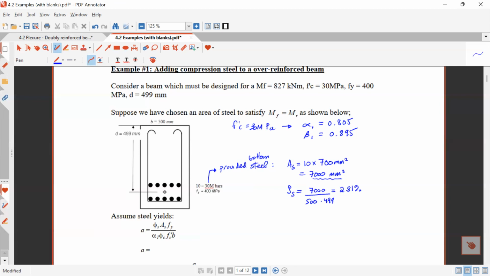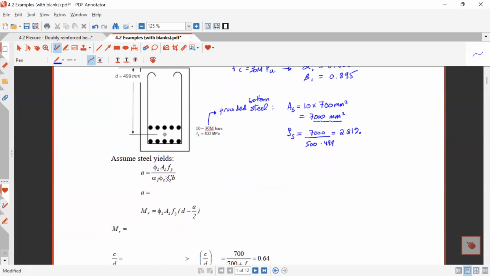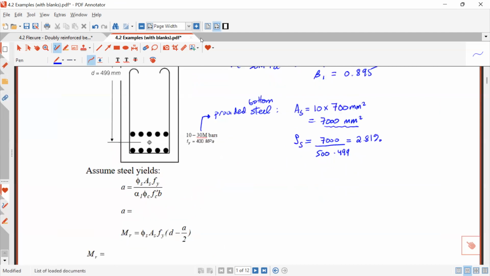Okay, so let's assume that the steel is yielding. In that case, this a value, if we have only this bottom steel, is just as we saw before. So that's 0.85 times As, 7,000, times Fy, which is 400.